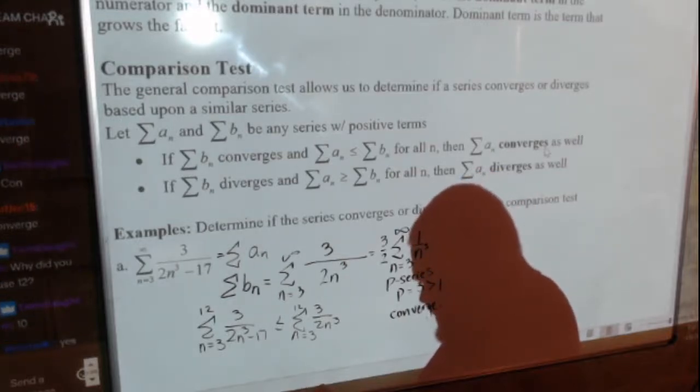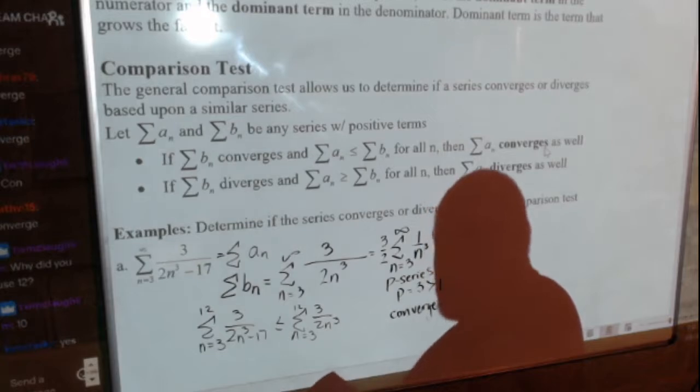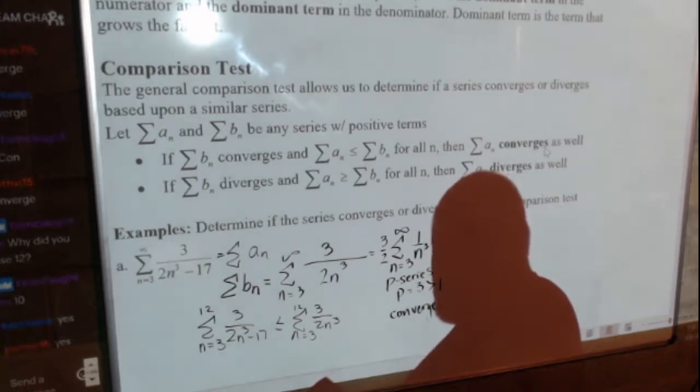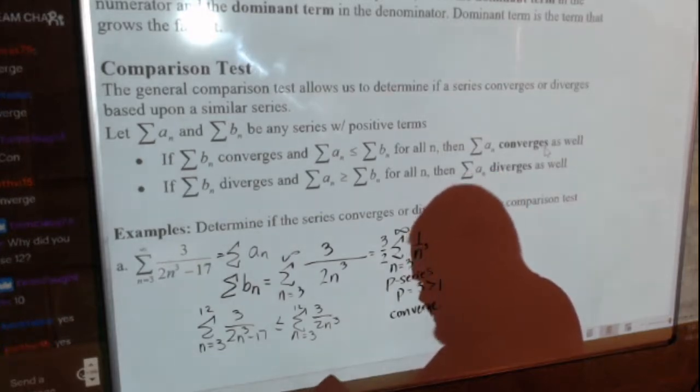So I'm going to then put in x equals 3 on the bottom up to 12, and then I'm going to do 3 divided by 2x cubed minus 17.